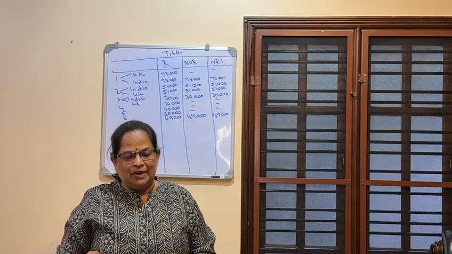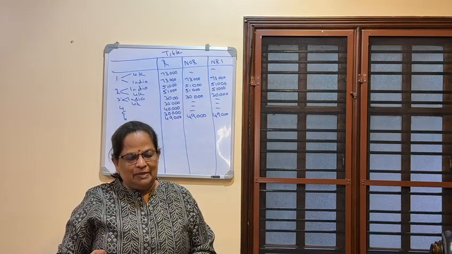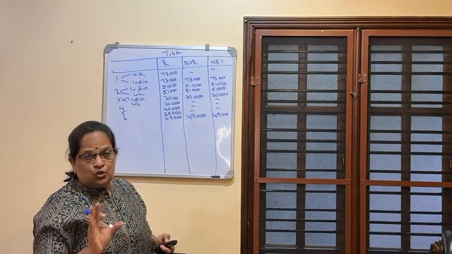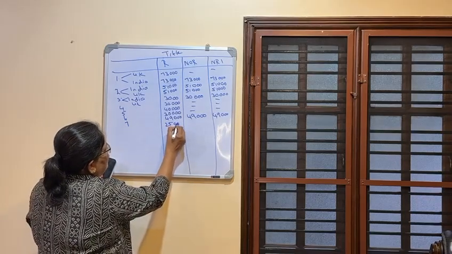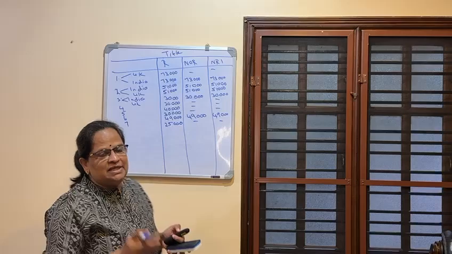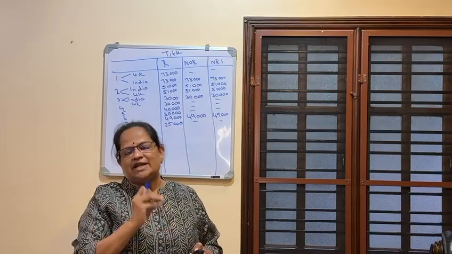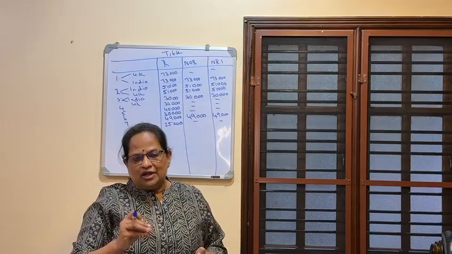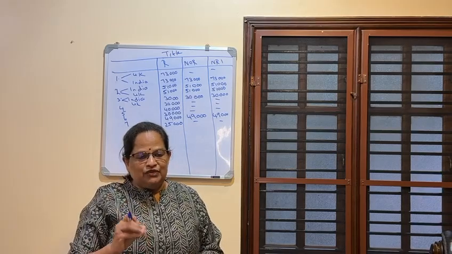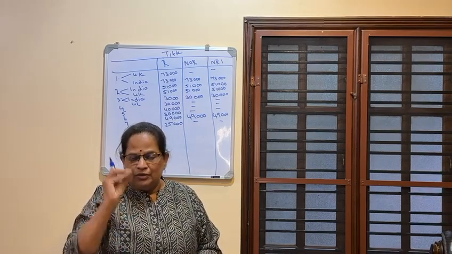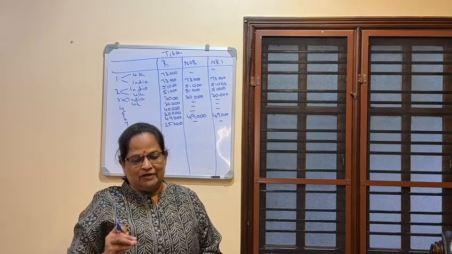So here, the entire 25,000 will be taxable. It's rule 5. Rule 5, 25,000 will be taxable for the resident. Since it's rule 5, it is taxable only for the resident; for not ordinarily resident and non-resident, it will not be taxable. Application of income, we are not bothered about. We have to pay income tax on the amount we receive.